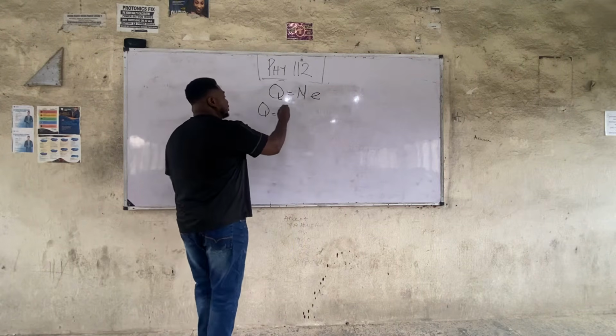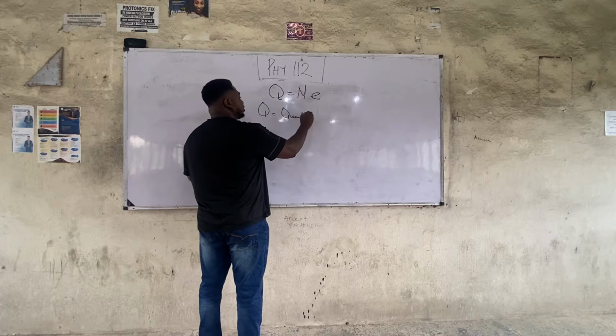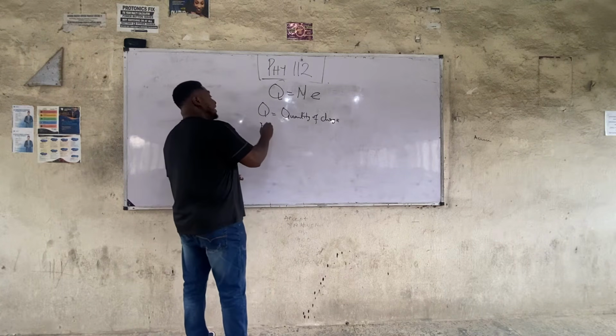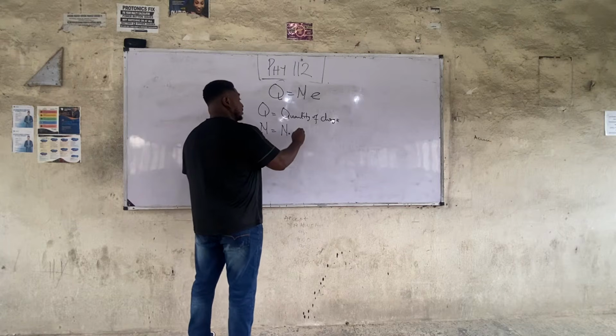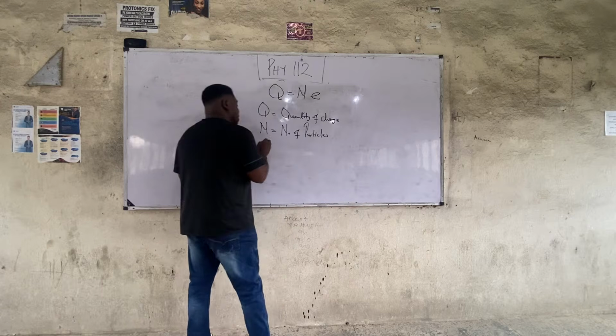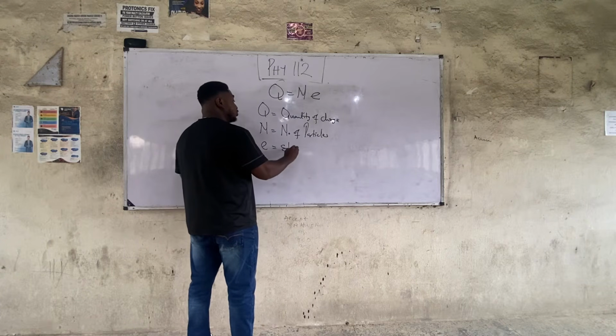Q represents the quantity of charge, N represents the number of particles, e represents the electronic charge.